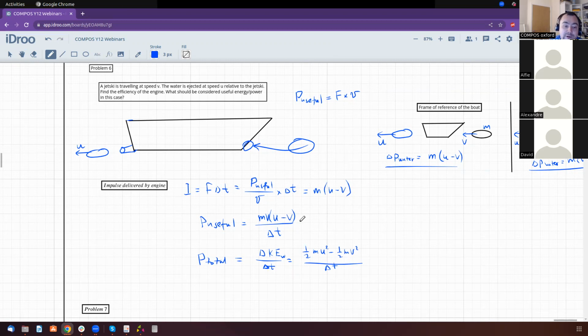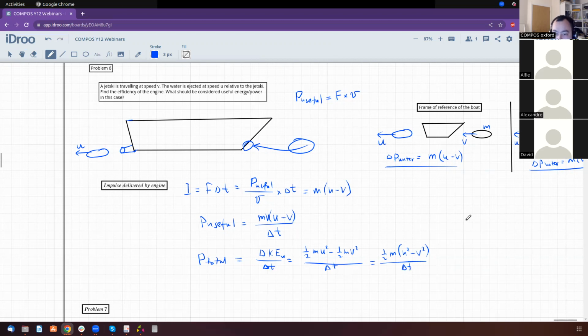Because from the frame of reference of the boat, the water is coming in at velocity v and coming out at velocity u. So the change in kinetic energy is this. That's equal to 1/2 m (u squared minus v squared) divided by delta t.